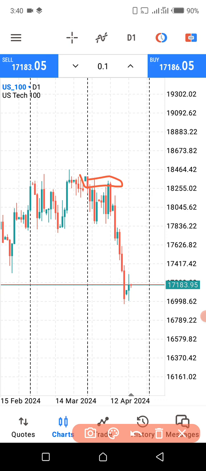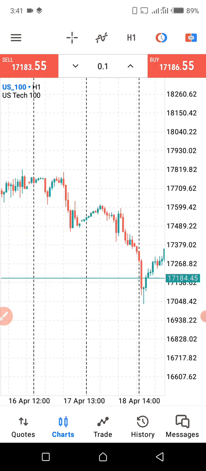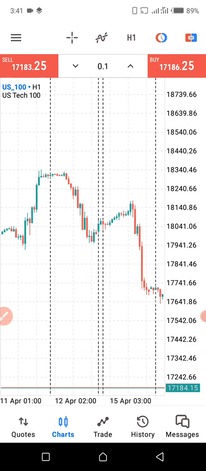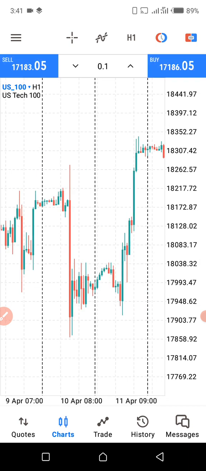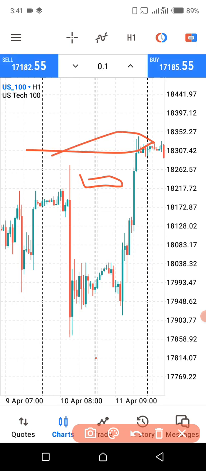As the market trades into it, which is the premium PD array, as the market trades into it, you see what happened in the 1 hour. Let's see what happened in the 1 hour. This was when the market traded into that area that I showed you. Like this. This was a trade into the daily liquidity void.